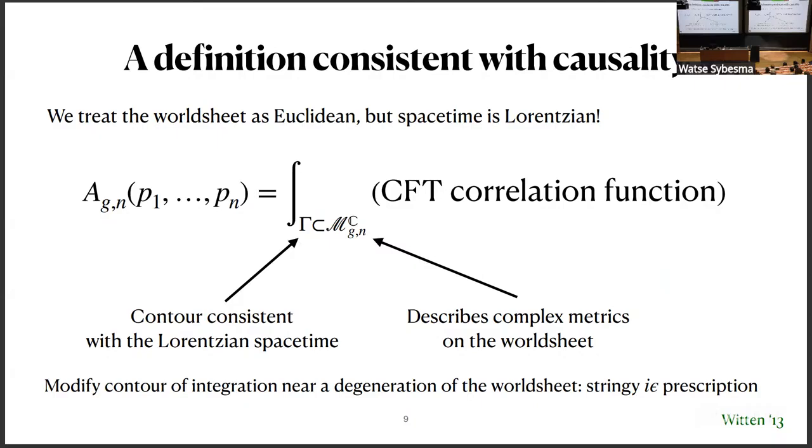So there's a certain way to define this contour, and you can think of it as a version of the i epsilon prescription, because of course in field theory you have the i epsilon prescription, but you also need to implement that in string theory. And once you modify the contour in this way, all the integrals are absolutely convergent. So this is a convergent way of defining string amplitudes.